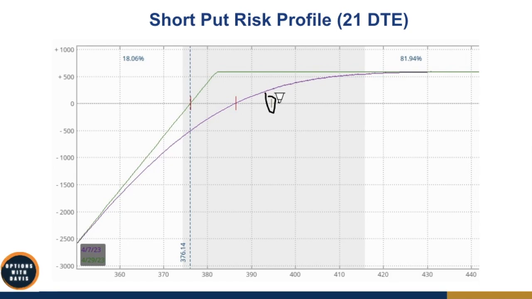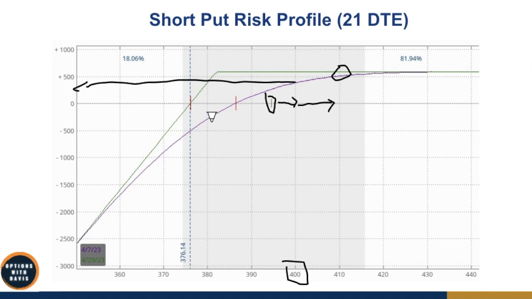Let's say, for example, it just moves $5 to 400, the $400 mark down here. You will see that you have already made roughly 3/4 of the max profit, right? So there's no need for you to hold an additional 21 days and risk losing all this money. If it goes all the way to 410 even, you're pretty much almost at the max profit already.